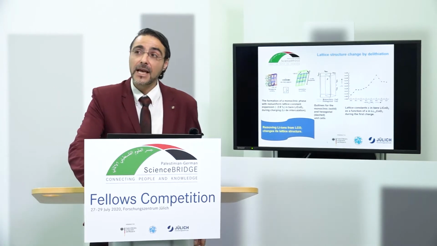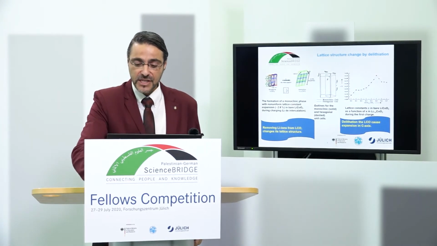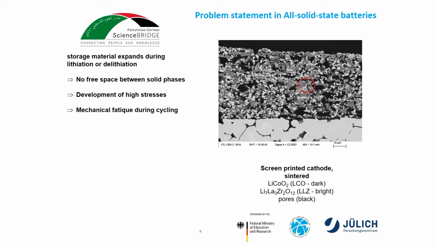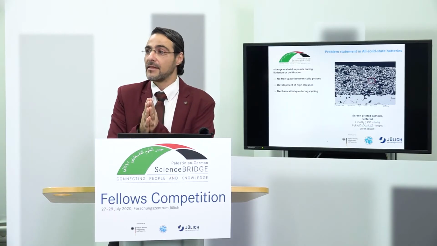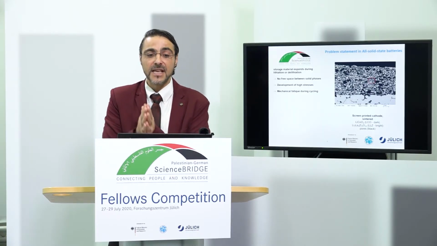This will cause a stress, and we are going to see that later. Now, in all solid-state lithium-ion batteries, there is no space between the particles. That means when the expansion is happening, there will be stress developing. This stress will cause fatigue or degradation.